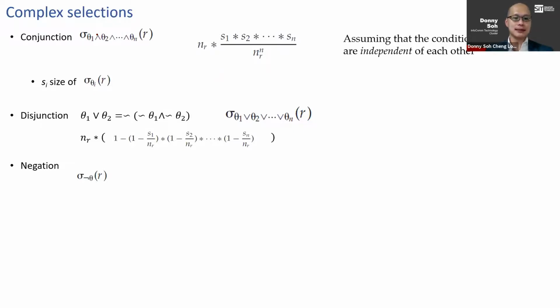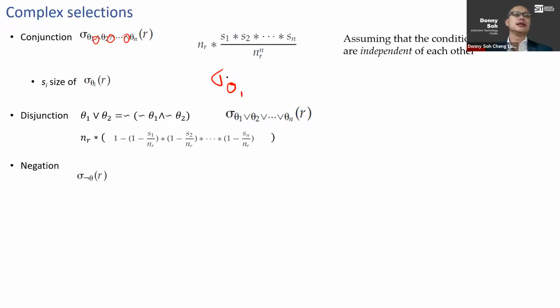So this condition and so it's multiple n conditions. And what we want to do is assume that the conditions are independent from one another. And so what is going to happen is that I have theta 1.